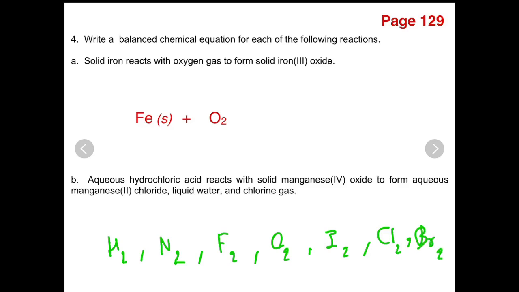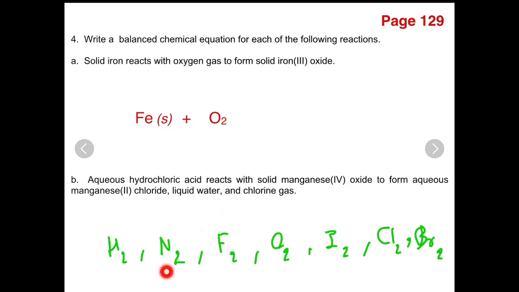Those are the elements that are present in nature as diatomic molecules. Whenever you see any of these gases, they come with the subscript 2. If it said react with fluorine gas, you have to use F subscript 2.